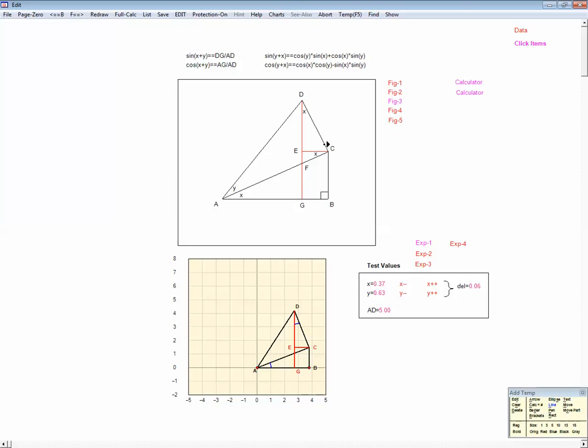I didn't draw the little box in there because our picture is getting a little messy. But that's a right angle. So this angle down here is the complement of this angle up here. In other words, the two of them together add up to 90 degrees because all the angles in the triangle have to add up to 180, and this takes up 90 degrees.